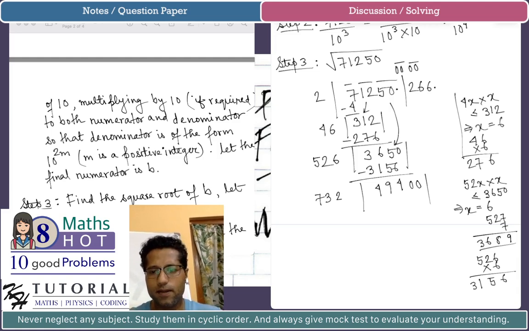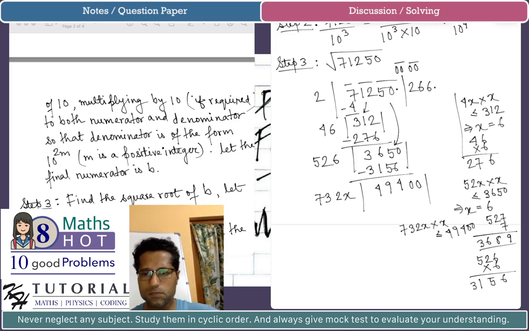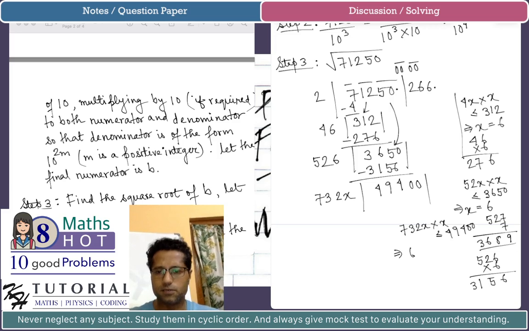Now we have to find the digit x such that this 4-digit number 732x multiplied by x will be less than or equal to 49400. So what will x be? x cannot be 7.